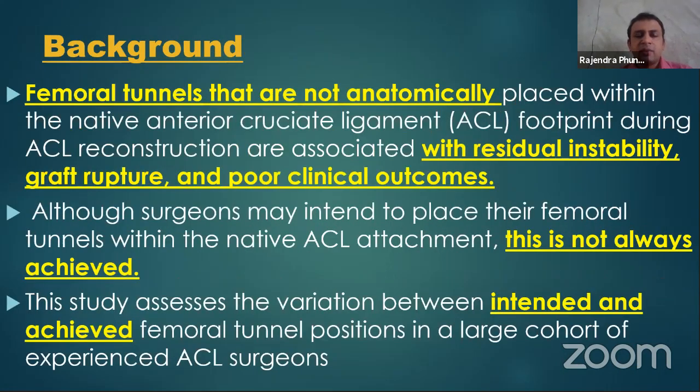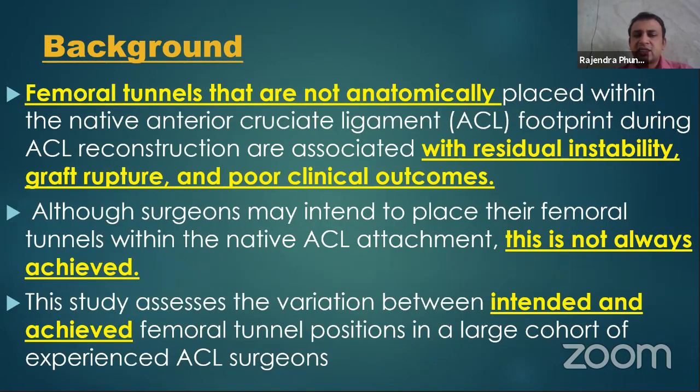So the background is femoral tunnel when it is not anatomically placed in ACL reconstruction. It is associated with residual instability, graft rupture, and poor clinical outcome. So even though surgeons intend to place their femoral tunnels within the native ACL footprint, this is not always achieved.